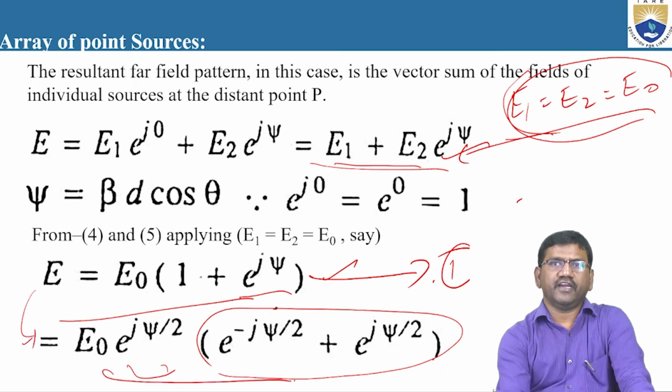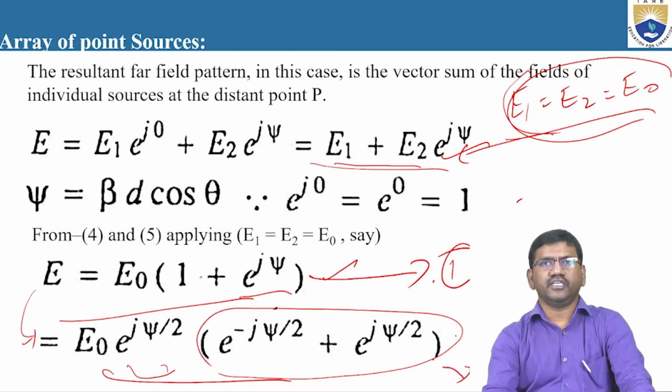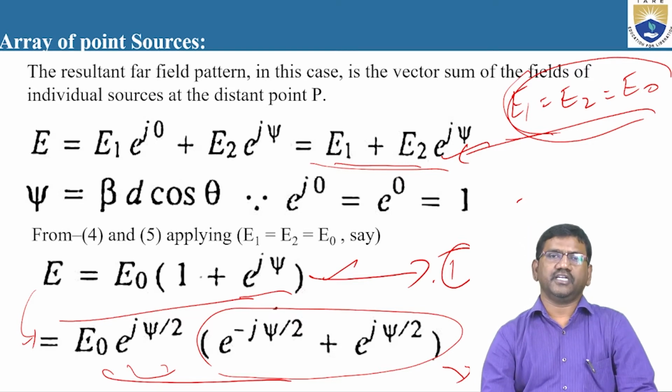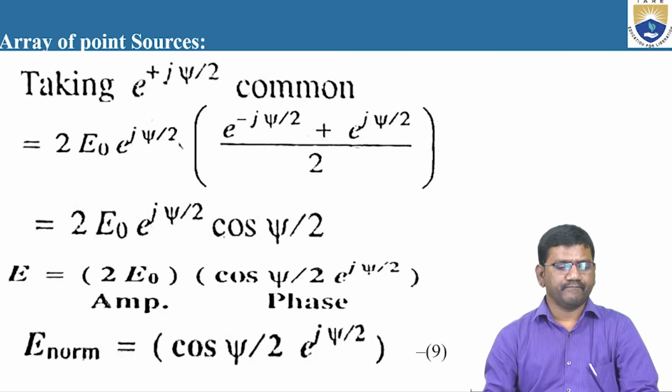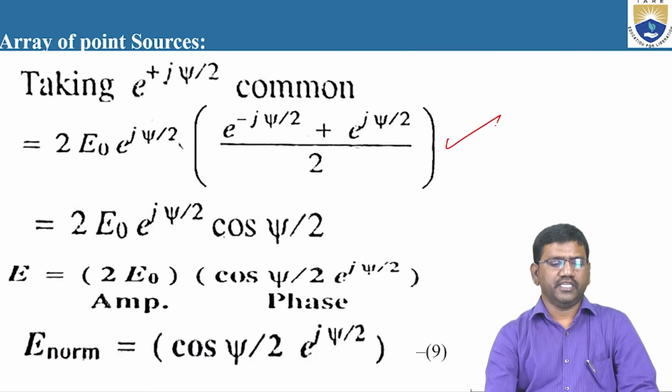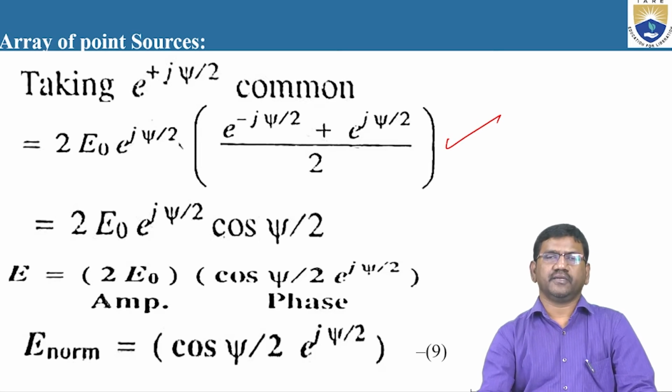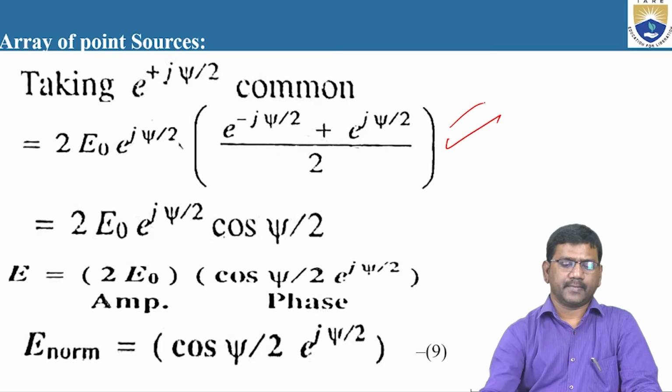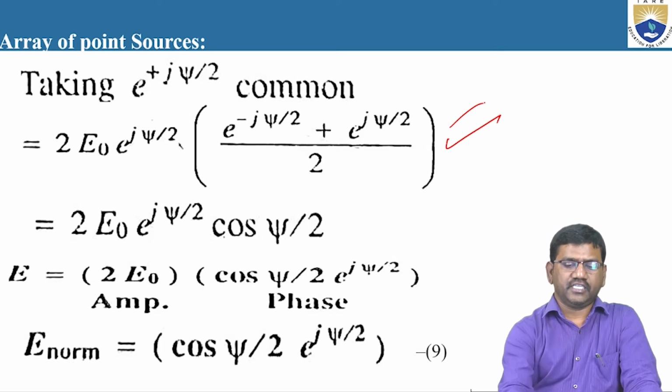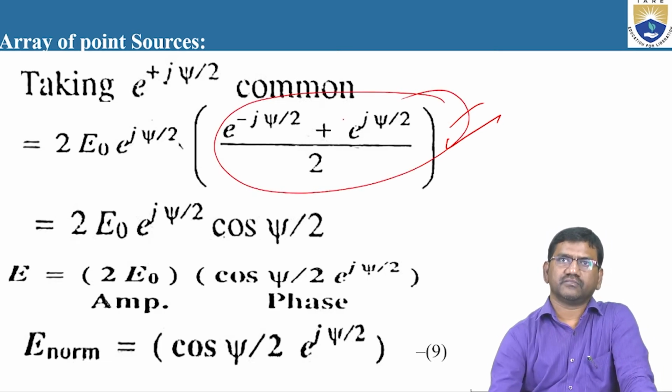Now we multiply the numerator and denominator by 2, and if we take e power j psi by 2 as common, we get 2 E0 e power j psi by 2 into e power j psi by 2 plus e power minus j psi by 2, all divided by 2.